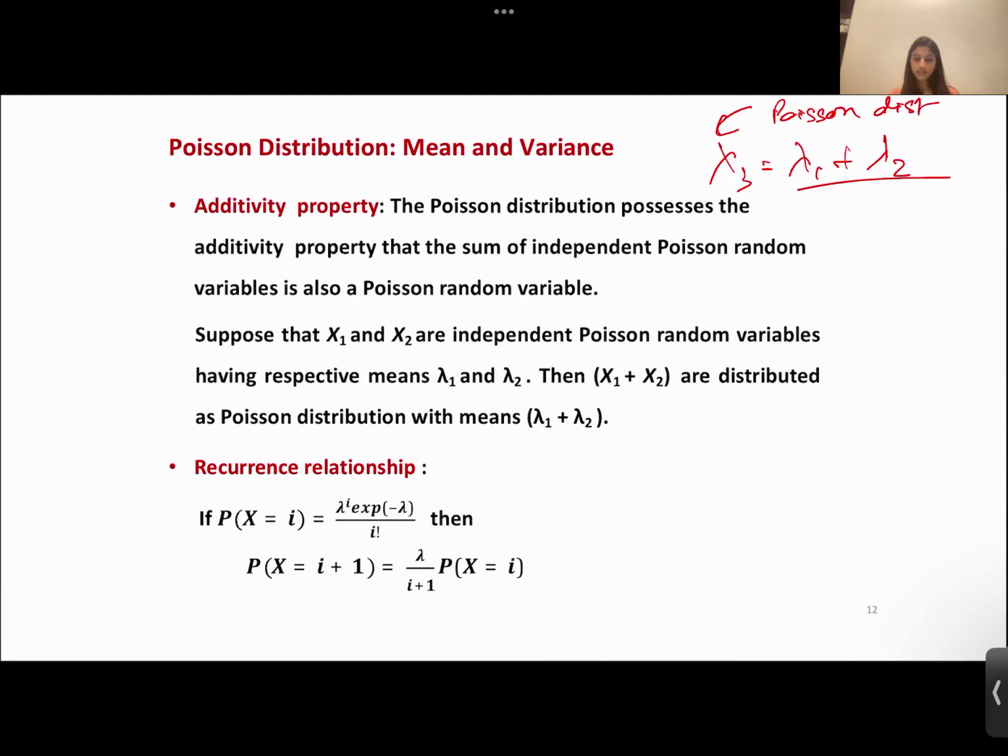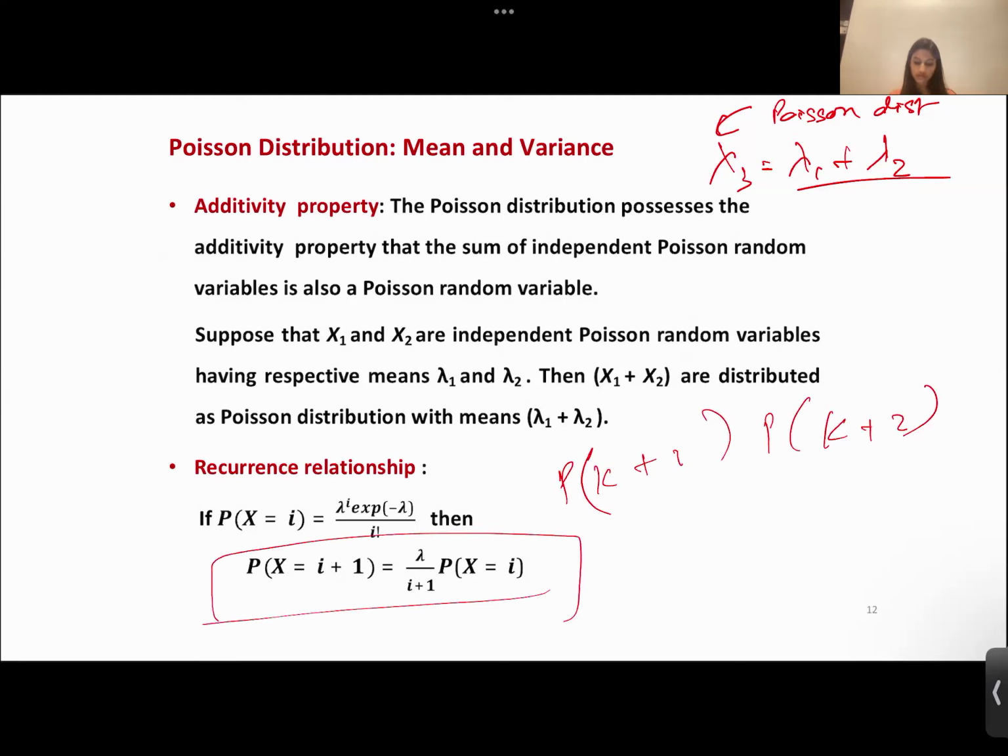When you calculate the Poisson probability for k equal to a specific value, you can also calculate the probability of k plus 1 or k plus 2 using the given formula. When you already know P of k, you just need to multiply by lambda divided by k plus 1, multiplied by whatever value you get here.